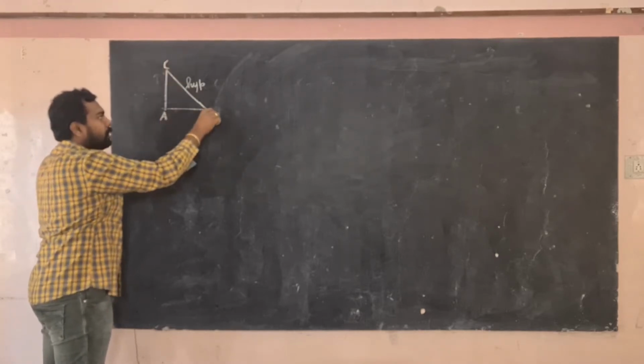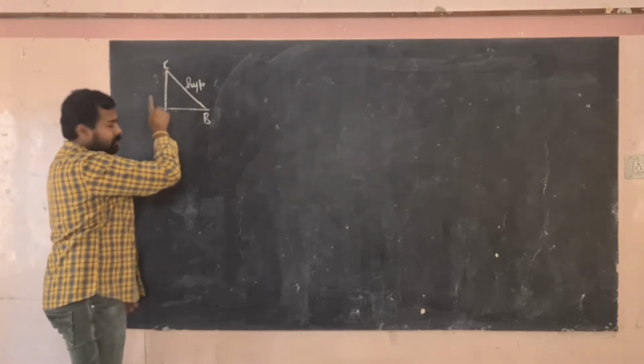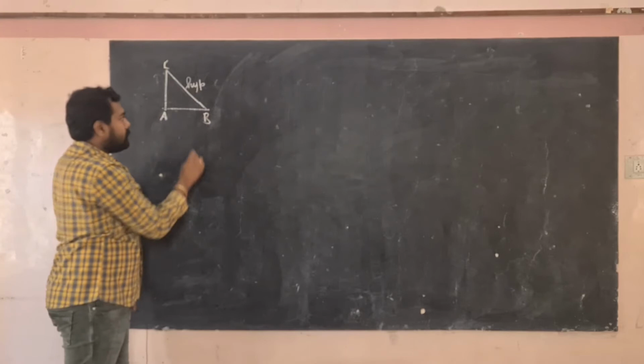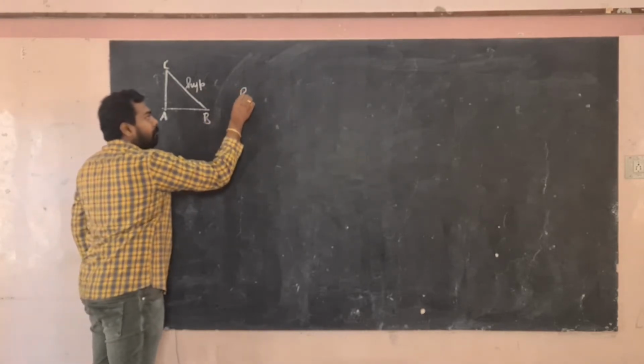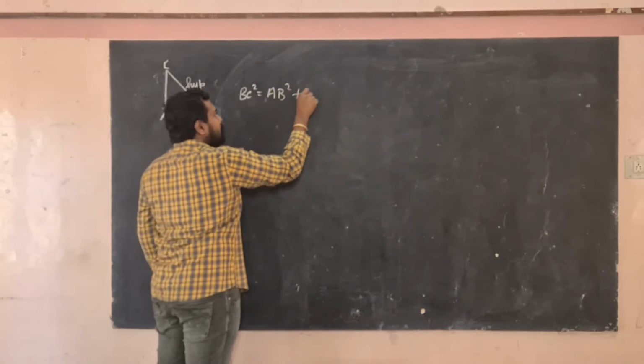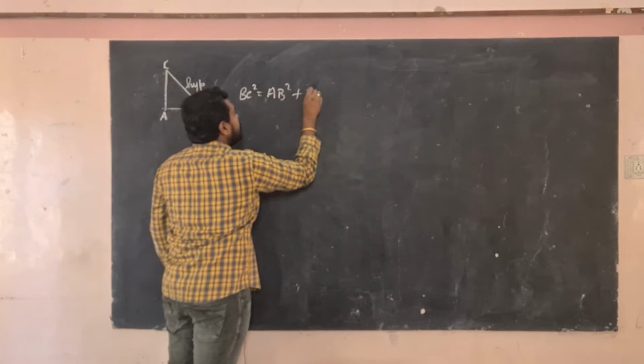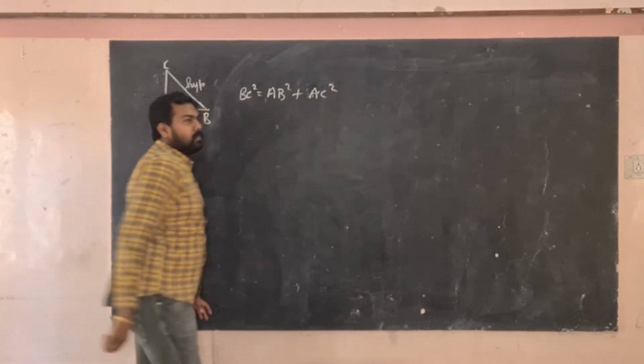What we have to prove is BC square is equal to AB square plus AC square. Okay, so this is what we have to prove.